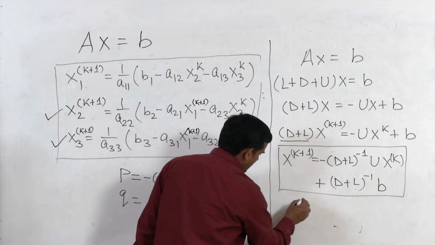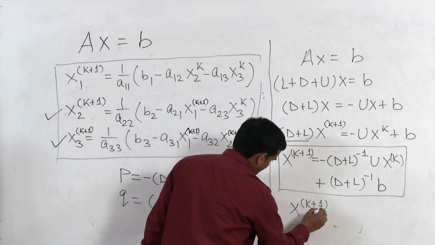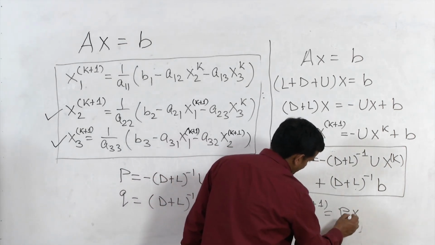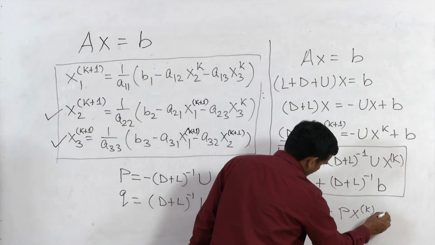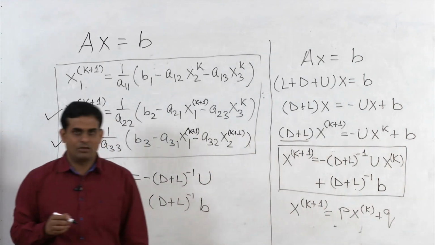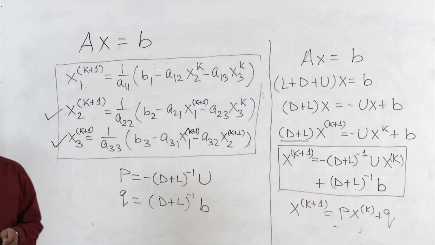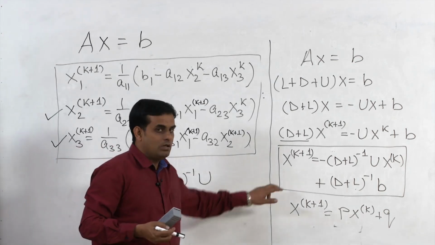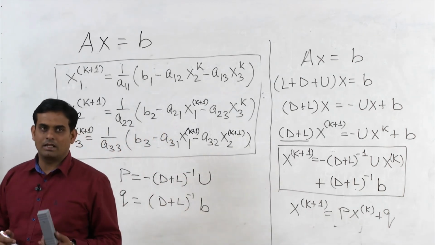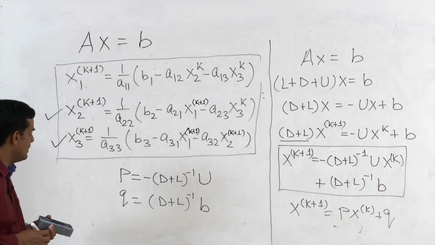If I compare this scheme with the abstract equation of an iterative scheme, this scheme is called the Gauss Seidel method for solving a linear system of equations.